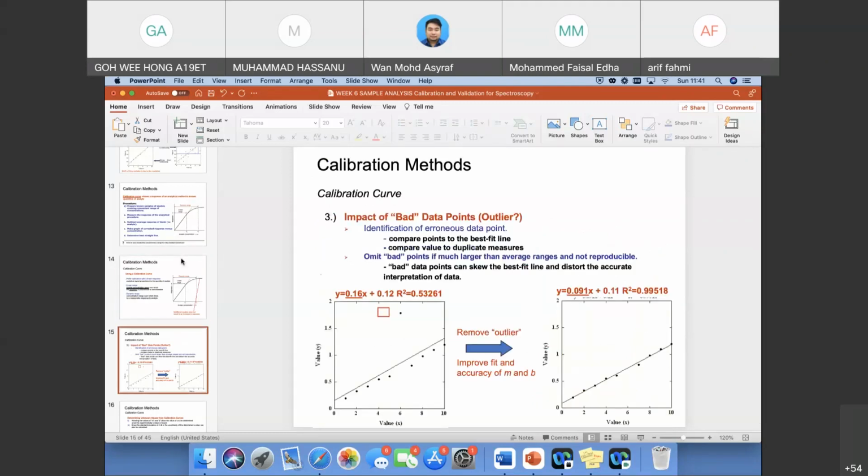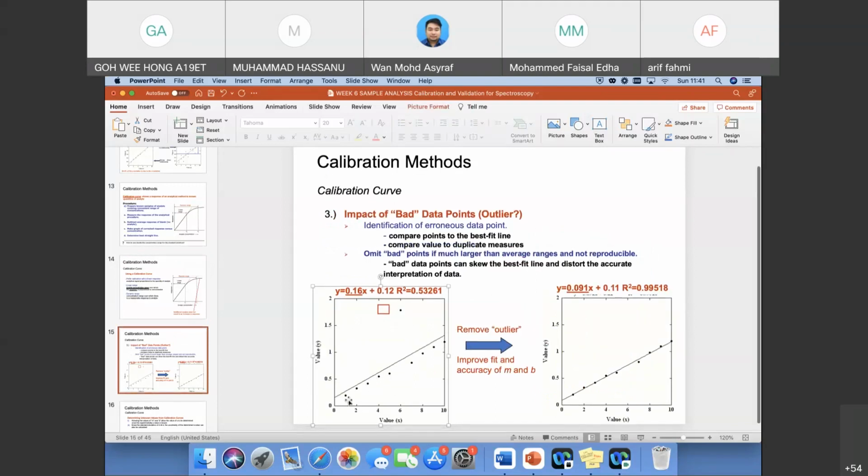So when you have your calibration curve and do your analysis, you look at this first curve: the first, second, third, even until the last point, it looks quite okay. It's still increasing, and you can think of a straight line moving between them. But suddenly you have an outlier here.